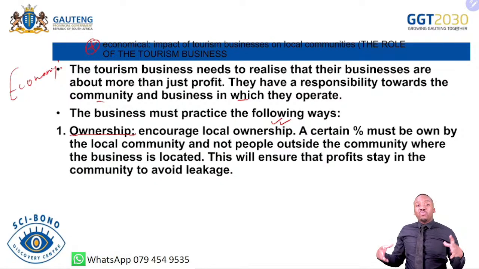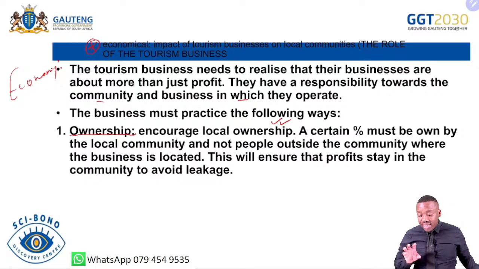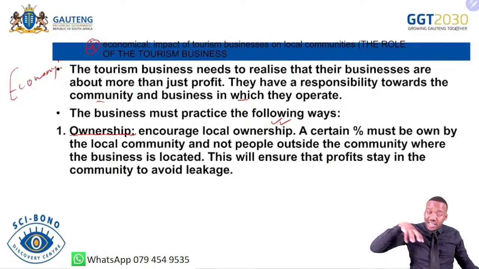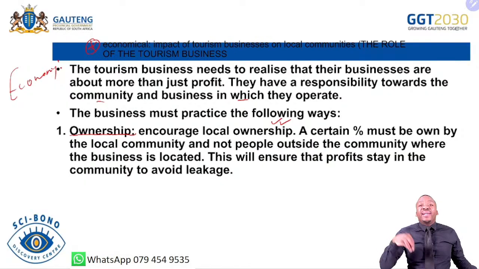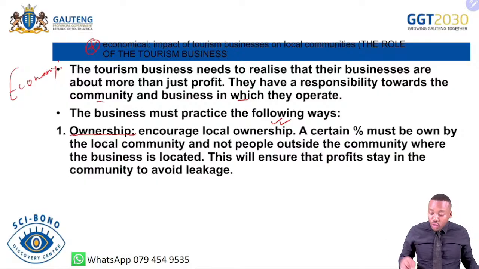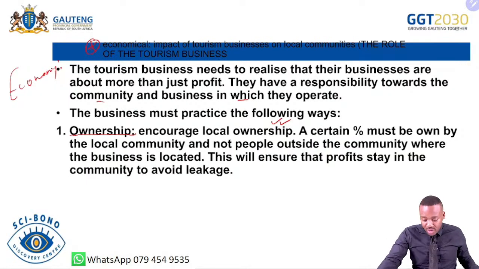So if you want to be a successful tourism business, give a certain portion or certain shares to the locals. In that way, they will protect what? Your business, and there will not be many what? Leakages. Because profits will go back to the local what? It will go back to the local community. So in terms of ownership, the tourism business must encourage what?